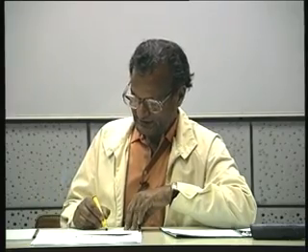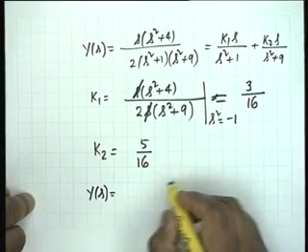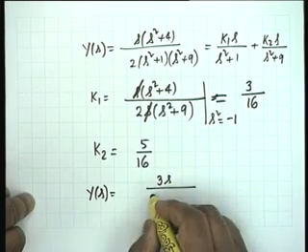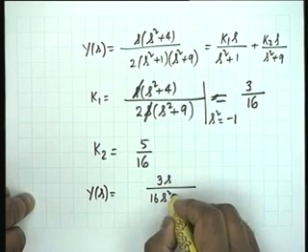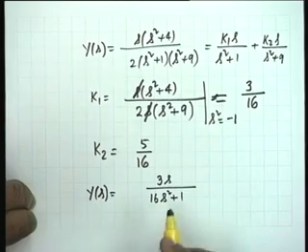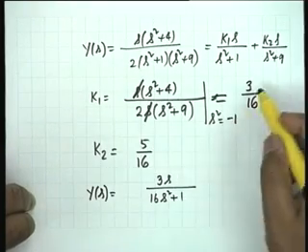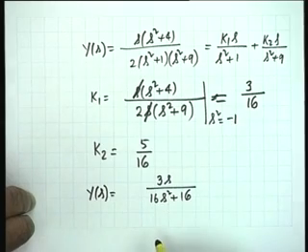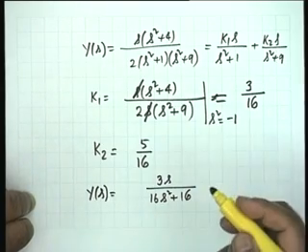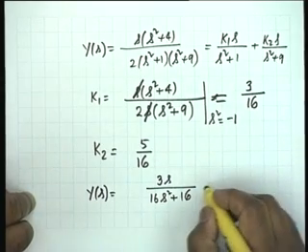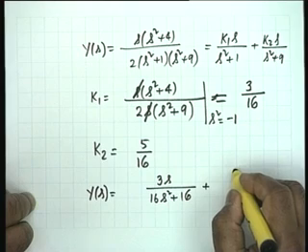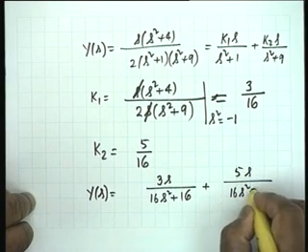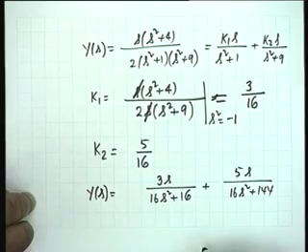And therefore, write this y of s as 3s by 16 s square plus 16, and now I am giving you a trick. I am writing this denominator as 16s square plus 16, so that my element values are obvious, plus 5s divided by 16s square plus 144.